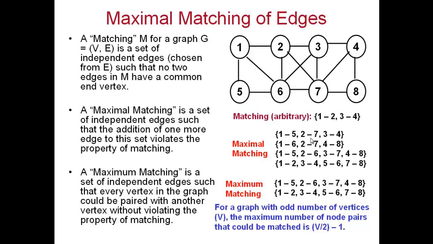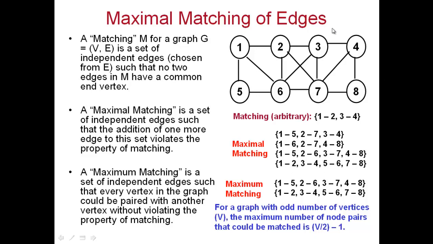That's part of the criteria that we'll use later for the algorithm. Accordingly, the maximal matching could have 3 edges or 4 edges. So the number of edges in the maximal matching is not always the same across all the maximal matchings. It depends on which combinations of edges we pick.